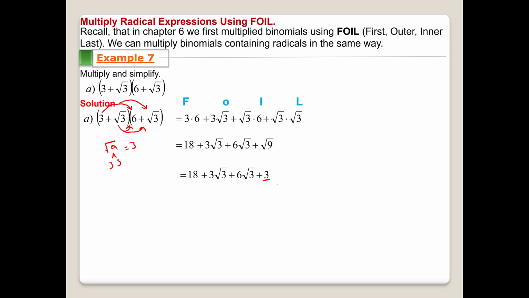And now we can combine like terms. So we should get 18 plus 3 gives us 21. And then you have 3 square root of 3 plus 6 square root of 3. We can add those coefficients, 3 plus 6, and that'll keep the same radical. So 3 plus 6 is 9 times our square root of 3.